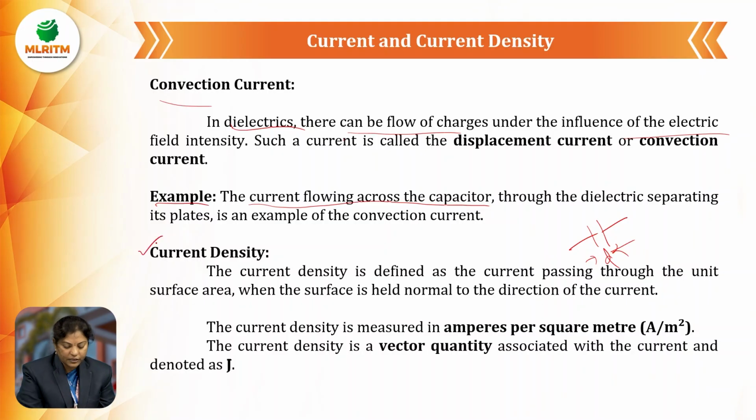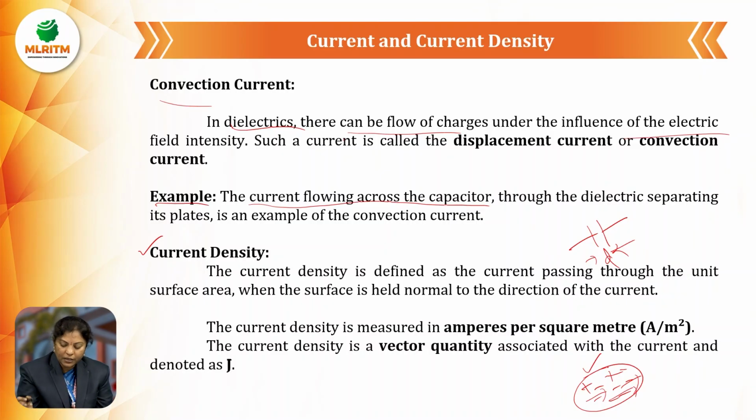Next, current density. It is defined as the current passing through a unit surface area. Whenever we consider a conductor, it has charges like this, and the current is moving like this through a particular area. That is nothing but current per unit area.